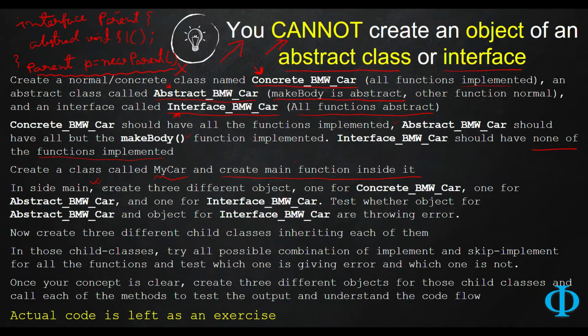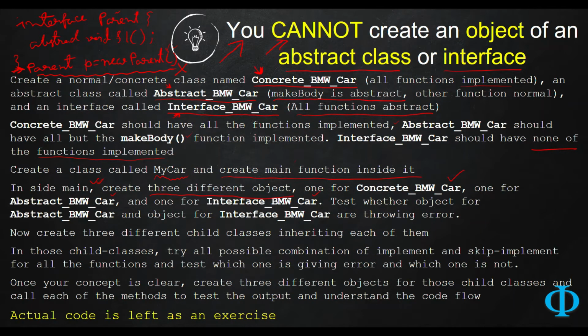What you need to do is, inside this main, create three different objects: one object for concrete BMW car, another for abstract BMW car, and another for interface BMW car, following a similar syntax like parent p equals new parent. For example, abstract BMW car, followed by the object name, equals new abstract BMW car followed by parentheses.